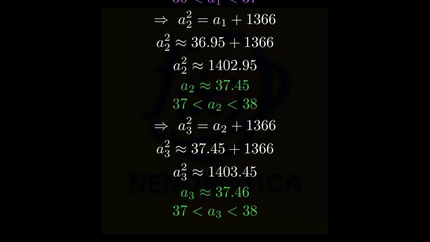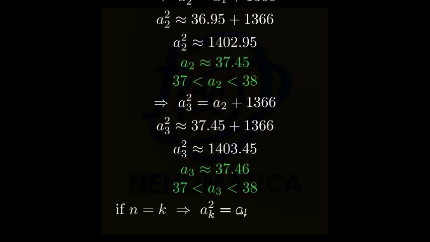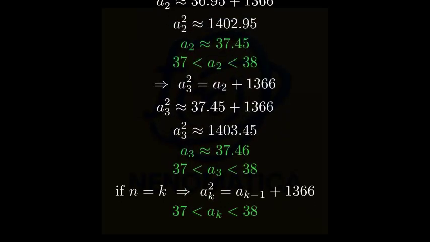And therefore 37 is less than a_3, and a_3 is less than 38. In general, for n equal k, we have the same squared relation: a_k squared equals a_{k−1} plus 1,366. The numerical evidence shows each term after the first lies strictly between 37 and 38. So we record 37 less than a_k less than 38.